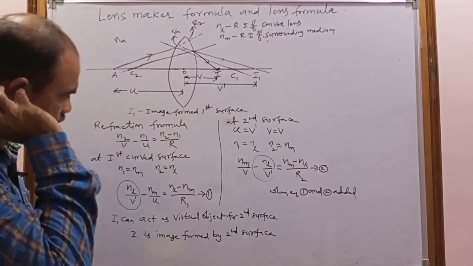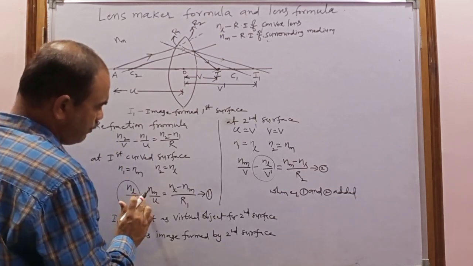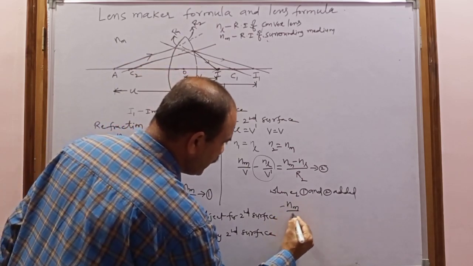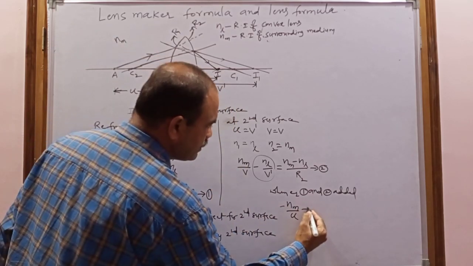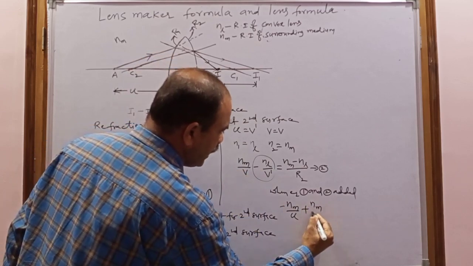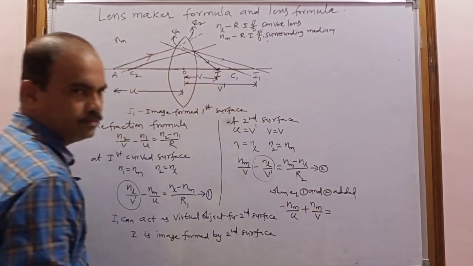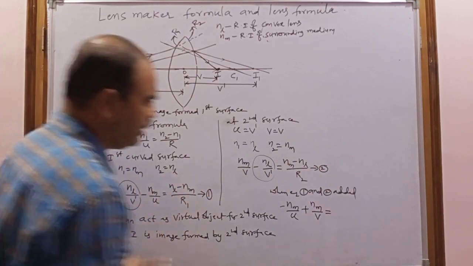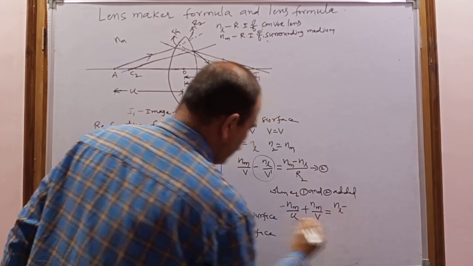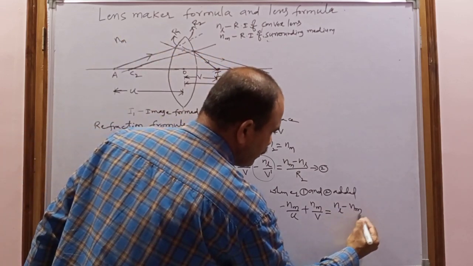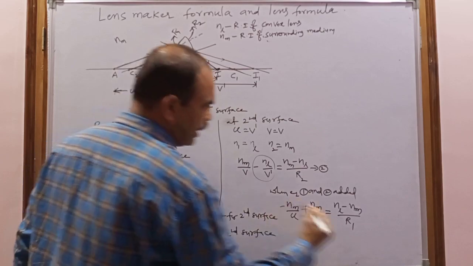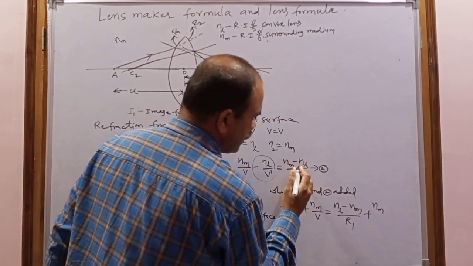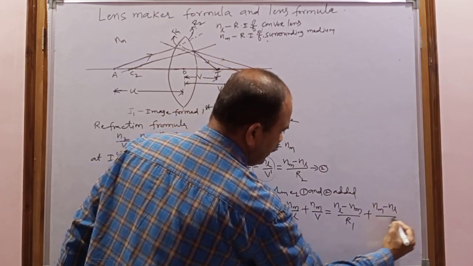Then the remaining left side terms are minus Nm by u and plus Nm by v. Coming to the right side, the first term is the refractive index of the lens minus the refractive index of the medium by r1, plus the right side term of the second equation, the refractive index of the surrounding medium minus Nl by r2.